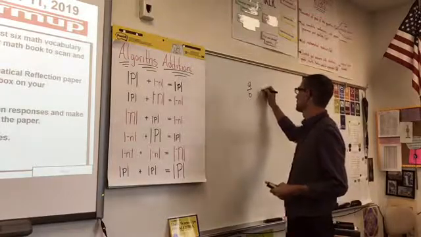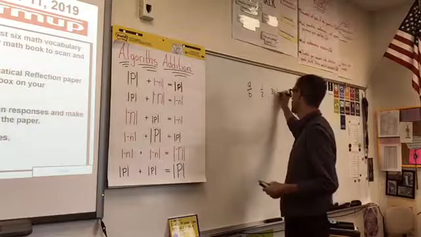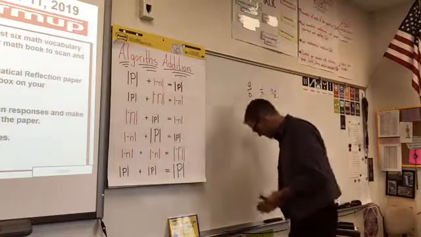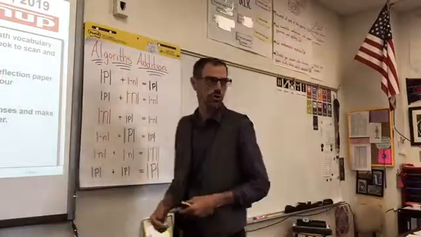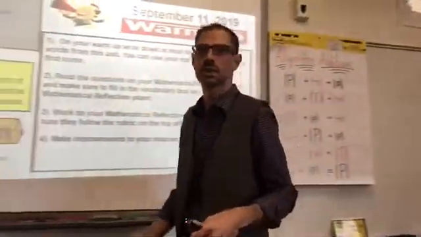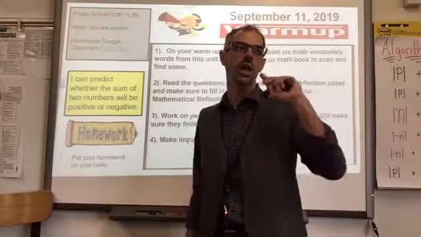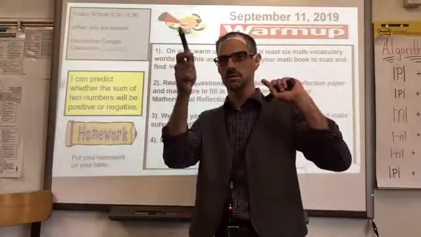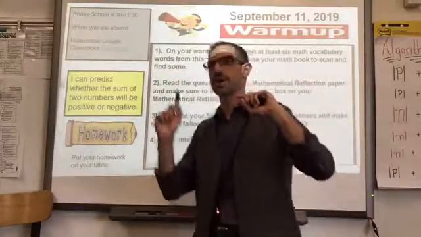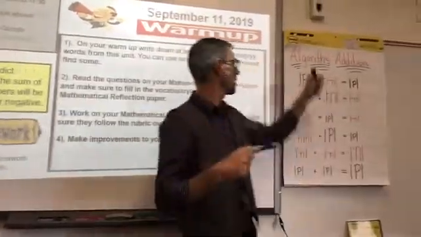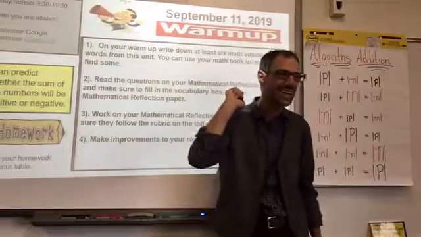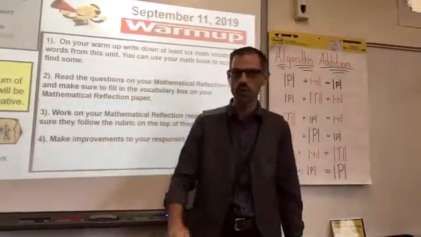So it could be 1/2, it could be 3 1/2. Okay? So those are rational numbers. Integer was already said. Any others? Number line. I like that one. Greater than, less than, equal to. Algorithm. Boom. We talked about that yesterday. You guys get some good ones.